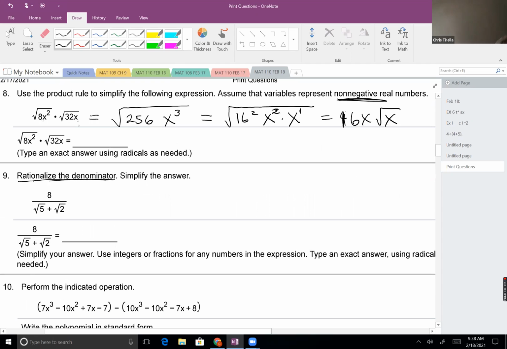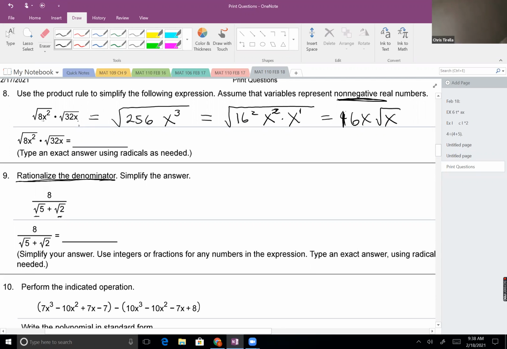Rationalize the denominator. Does everybody remember that's a fancy way of saying you don't want to leave a square root in the denominator of a fraction? So usually we just multiply by the radical that's in there, except when there's two things.